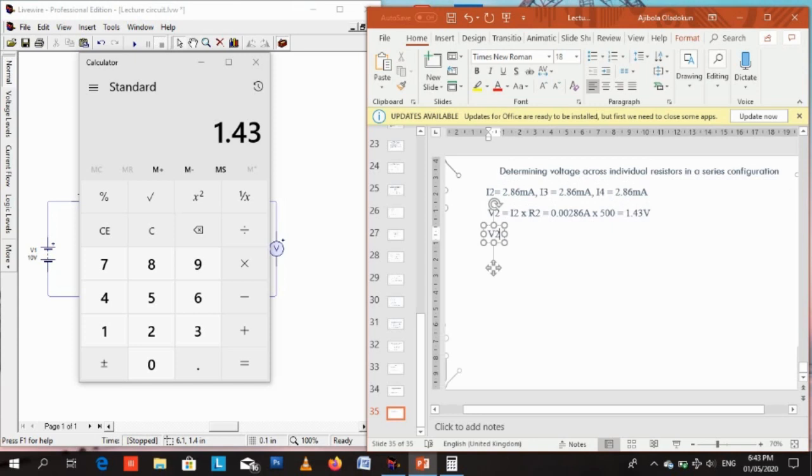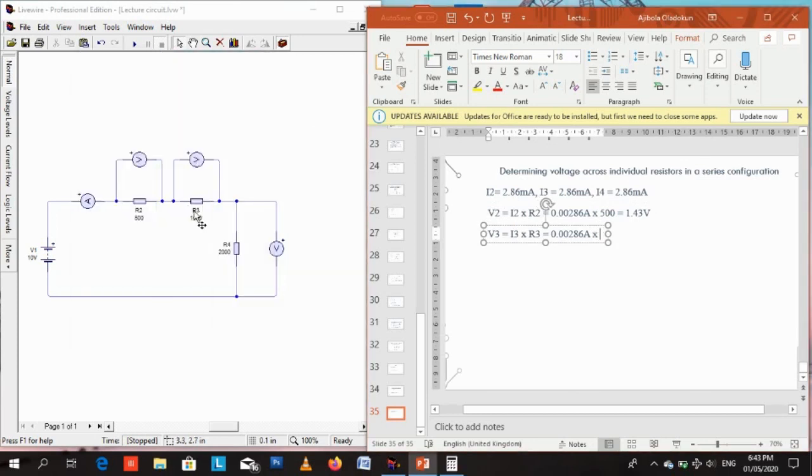So let's go for R3. V3 will be I3 multiplied by R3. So the voltage across resistor R3 is I3 multiplied by R3. Remember that I3 is the same current as I2, the same as IT, the total current.